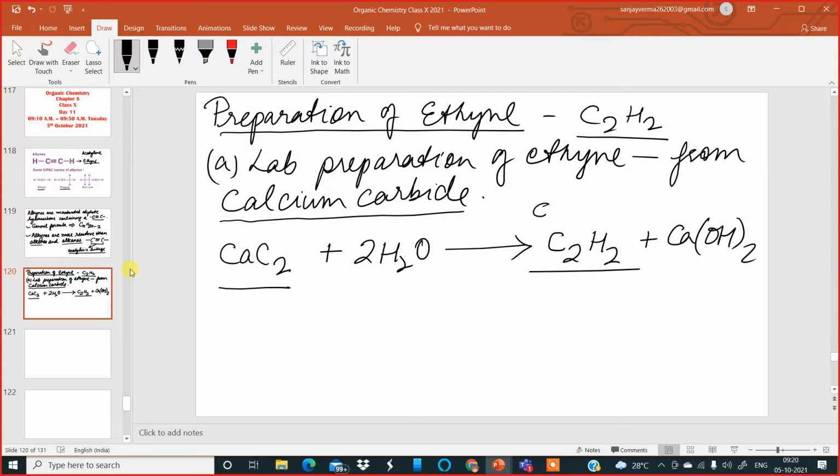So this is the equation for the lab preparation of ethyne. Here calcium carbide is reacted with cold water. This water has to be cold.